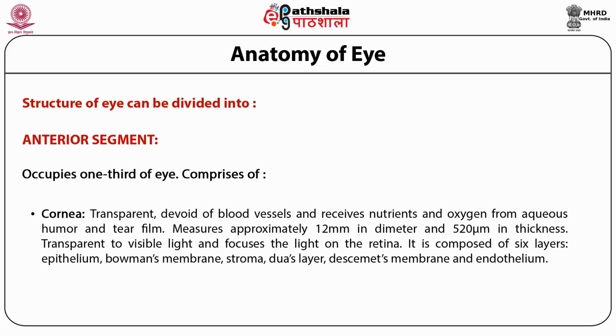It measures approximately 12 millimeters in diameter and it is around 520 micrometers thick. A cornea is transparent to visible light and functions to focus the light on the retina. It is composed primarily of 6 layers, namely epithelium, Bowman's membrane, stroma, Dua's layer, Descemet's membrane, and endothelium.